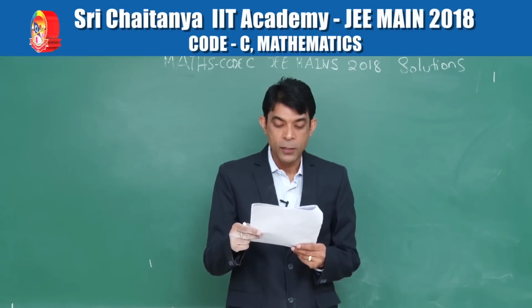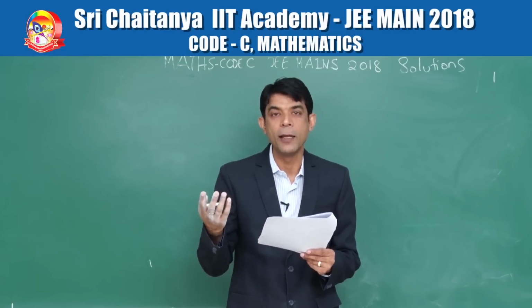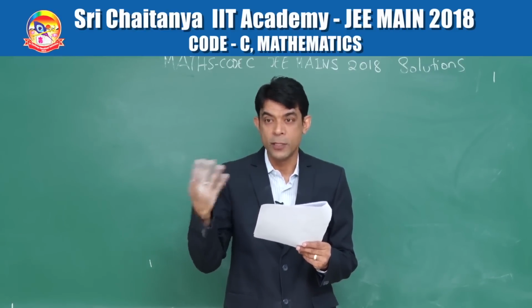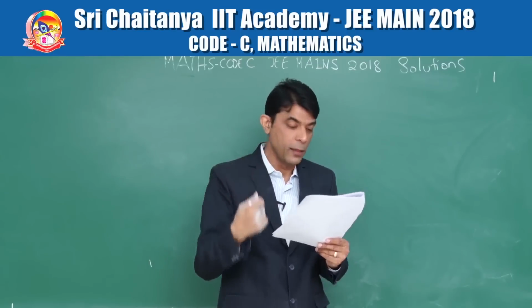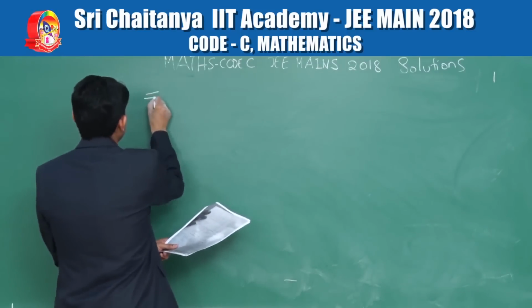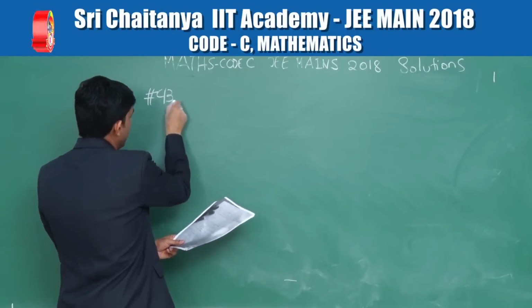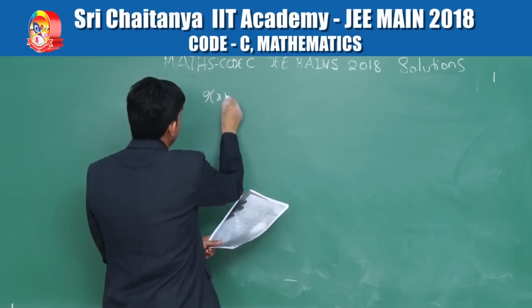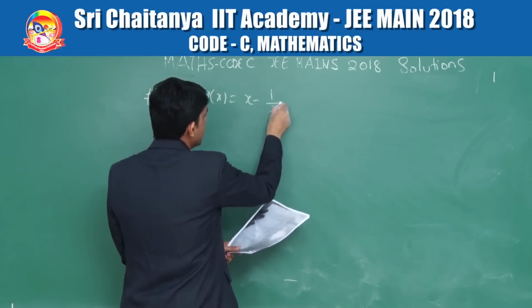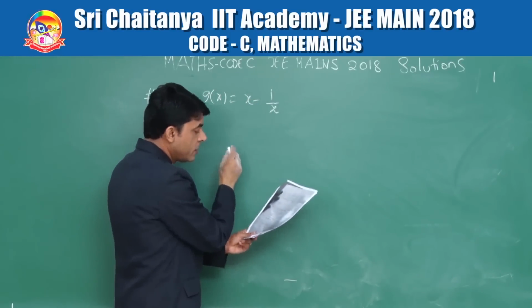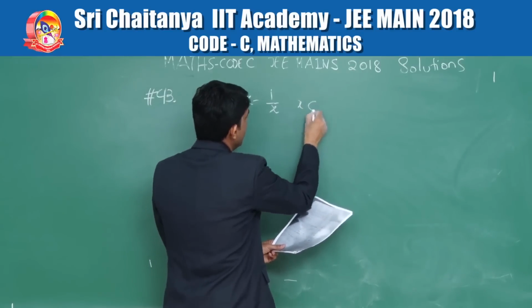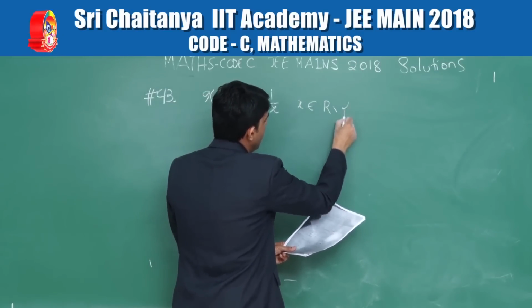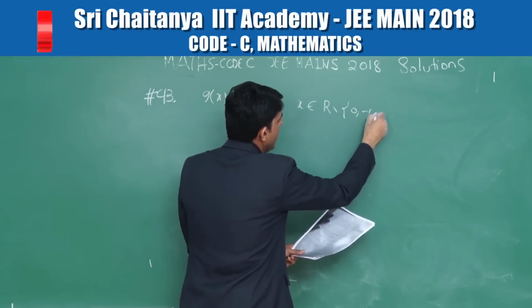Number 43. It's one of the most beautiful questions, and no doubt it has troubled many students. So let's do it in detail. Let's plot the graph of g of x is x minus 1 over x. Of course, they have excluded that x is an element of R minus 0, minus 1 and 1.